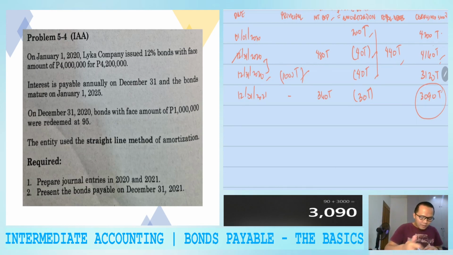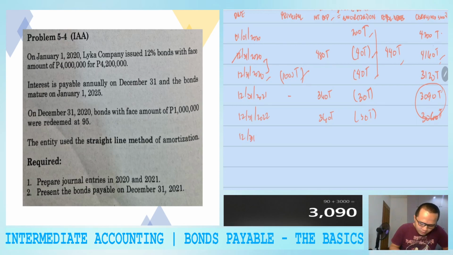So, 2022. In 2022, obviously, kasi nga wala pang payment, that is still 360. And this is still 30,000. Correct? No changes. So, that is 3,060,000.